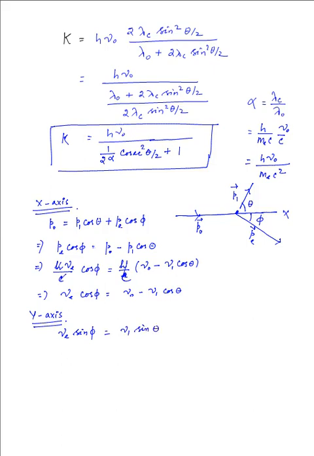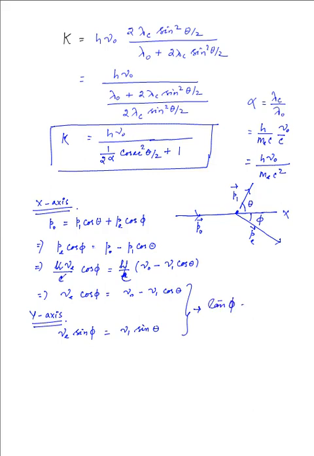Now if we take the ratio of the y-axis term with respect to the x-axis term, what we get is tan phi, the tangent of phi.